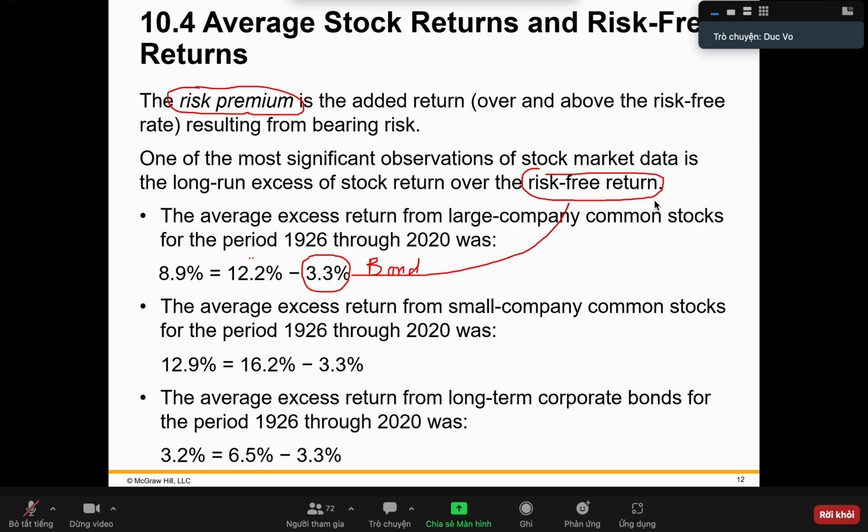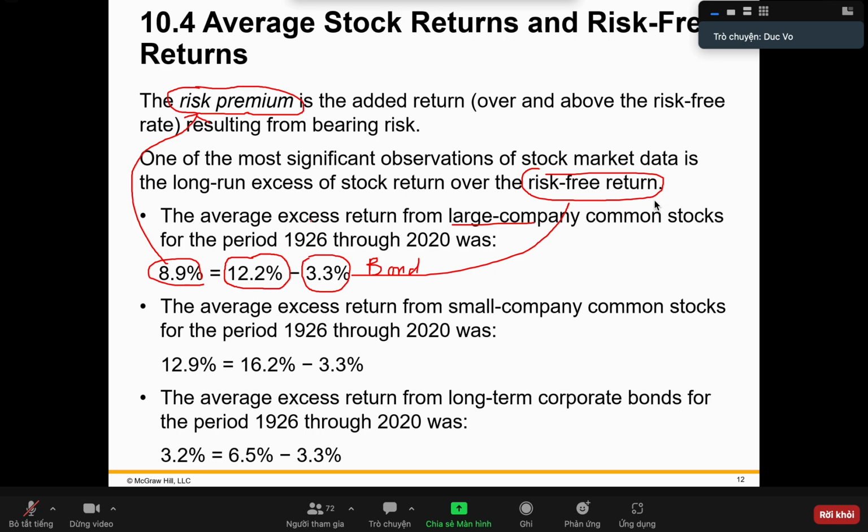However, if you buy stock from a very, very large company in the US, let's say Coca-Cola, you earn about 12.2%. So this is the return when you invest in a very large company, right? The difference between that is 8.9%. You call that one a risk premium. So risk premium simply tells you the additional return for you to take the risk.